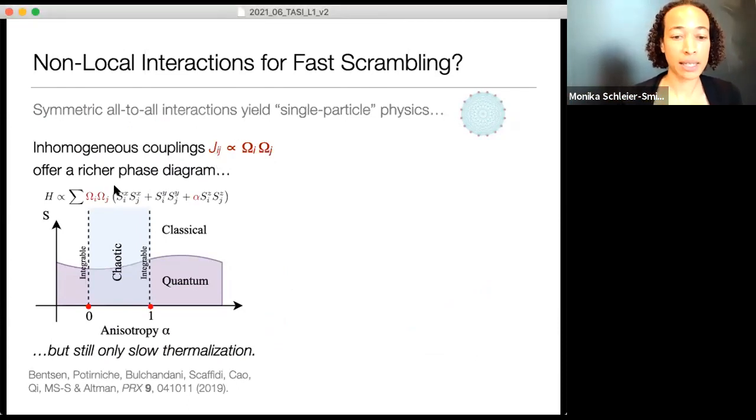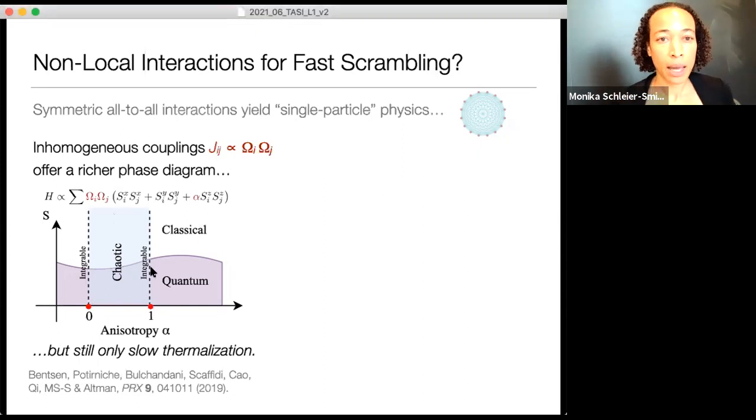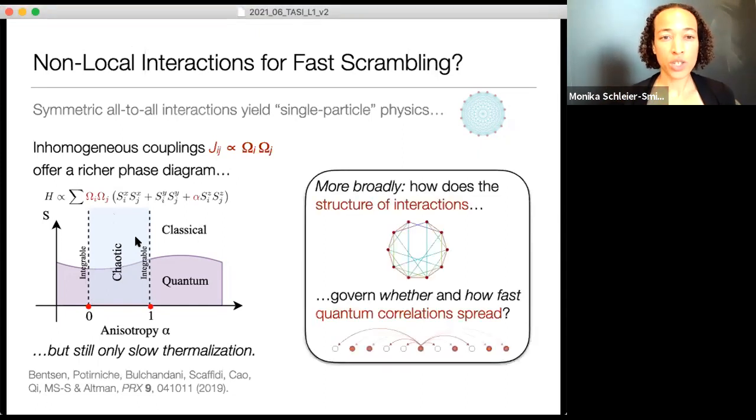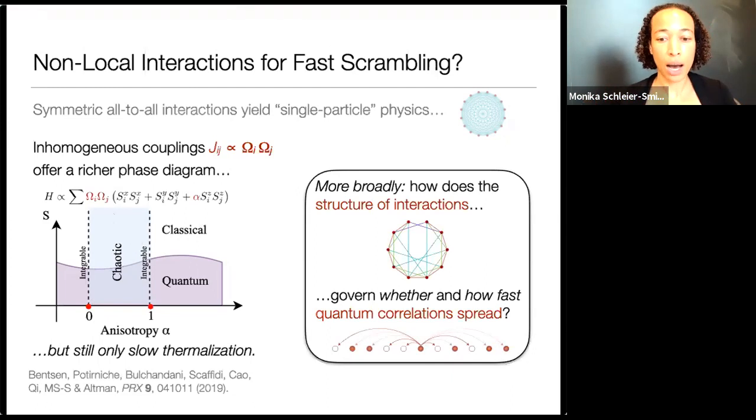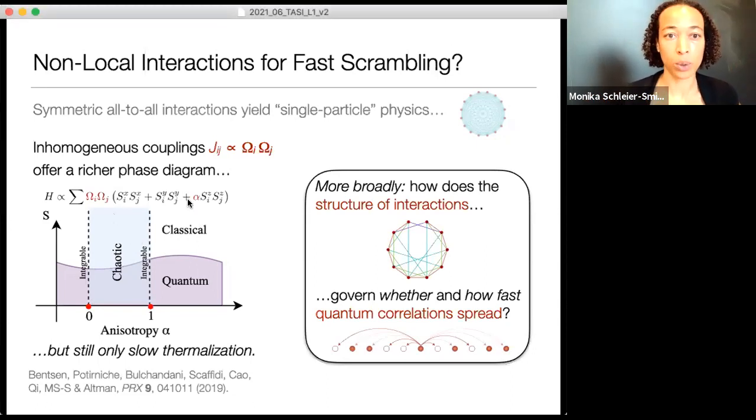It still is expected to have a fairly rich phase diagram, including places where the system is chaotic, places where it's integrable, but it's expected only to thermalize slowly and not be a fast scrambler. So the question we'd like to get to is, if we can have more control over the structure of interactions, first of all, how do we do that? And then can we use that to explore how that influences how quantum correlations spread in the system?